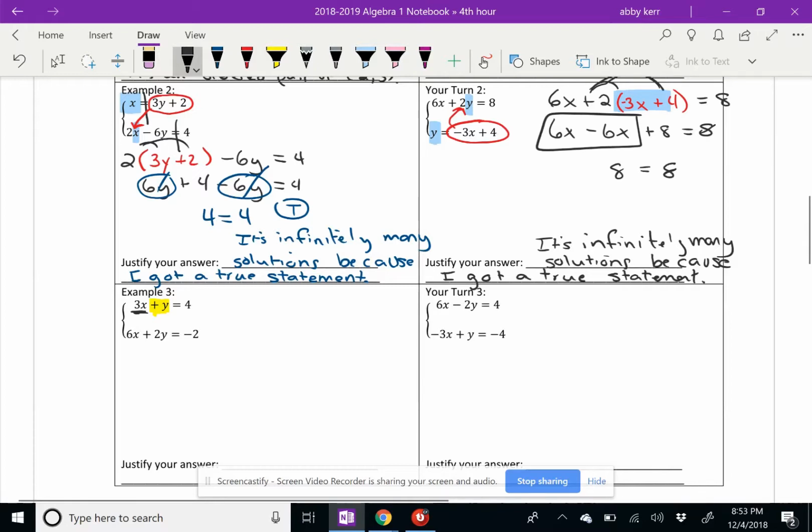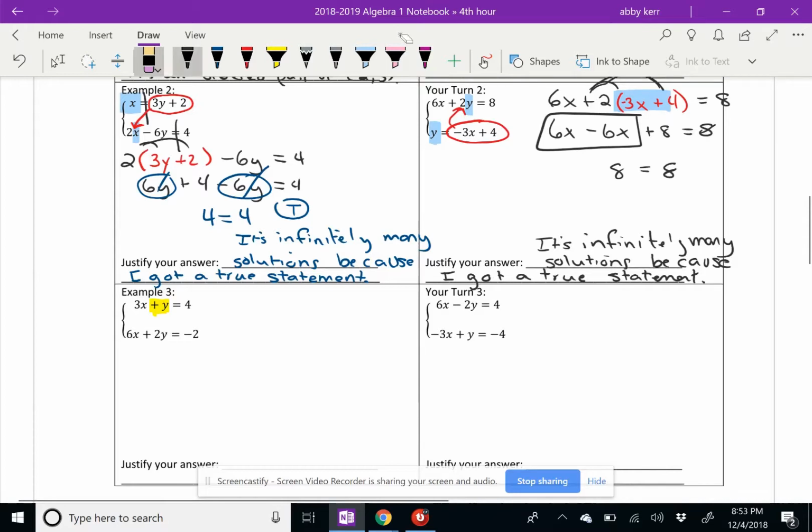Now, the y looks like it's isolated because it has a coefficient of 1, and that's actually what we want eventually. But right now, our main concern is to undo that 3x to truly get the y by itself, because right now it's not. It's on the left-hand side with a 3x.